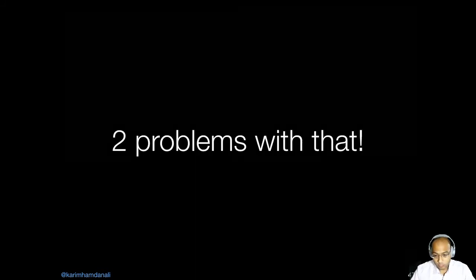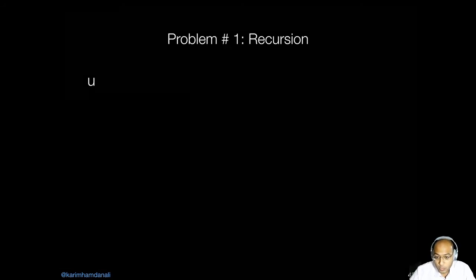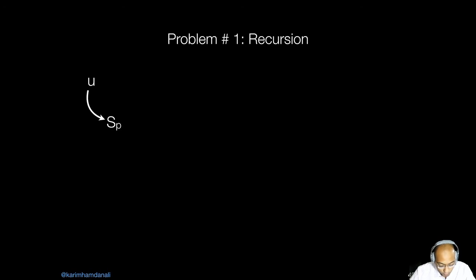Problem number one, as I've just briefly hinted at with that example, is recursion. So what happens with recursion is the following. If we follow this approach, we're going to have U as a call site, and I'm calling method P, so I'm going to go to SP, and then I'm going to call SI, and then I'm going to call SQ.